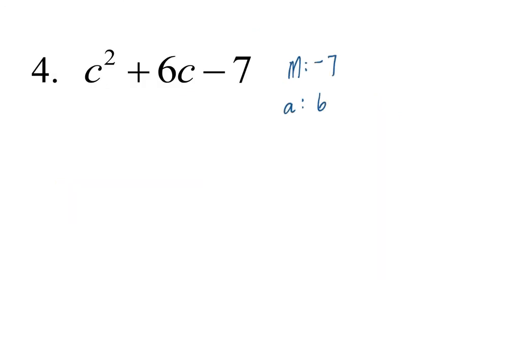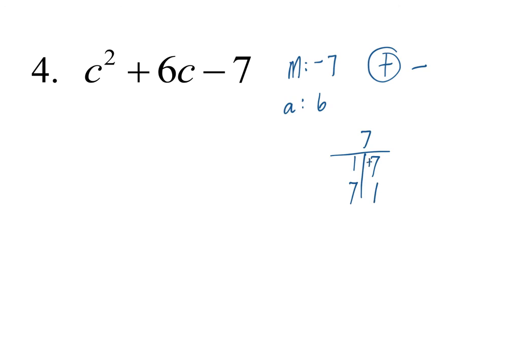On this one, we're multiplying to get a negative 7. We're adding to get a positive 6. So if we're multiplying to get a negative number, our signs are different. And since we're adding to get a positive 6, the larger sign will be positive, the smaller will be negative. So the factors of 7, just 1 and 7, 7 and 1.